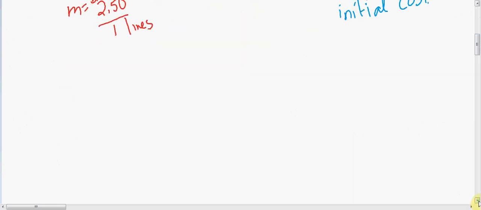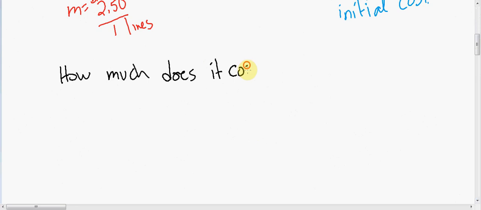Alright, there's one more question I want to answer here, and we're going to use our equation to do it. I want to know how much it costs to run an 18-line ad?